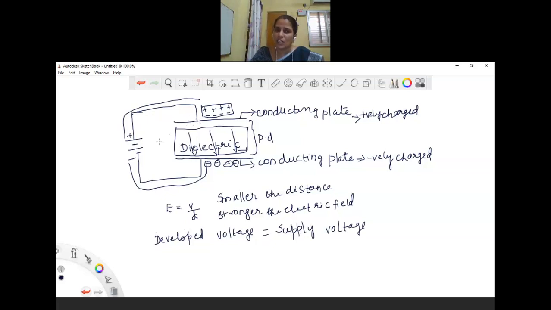So even when you remove the battery, the top plate will be positively charged and the bottom plate will be negatively charged. There will be a potential difference between the two plates. Now we are going to see another important term here.